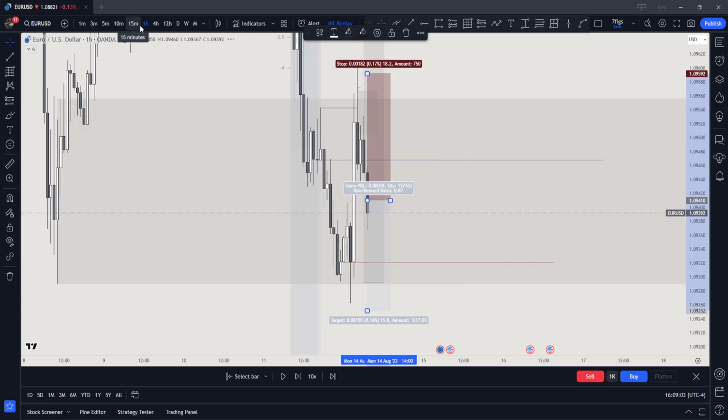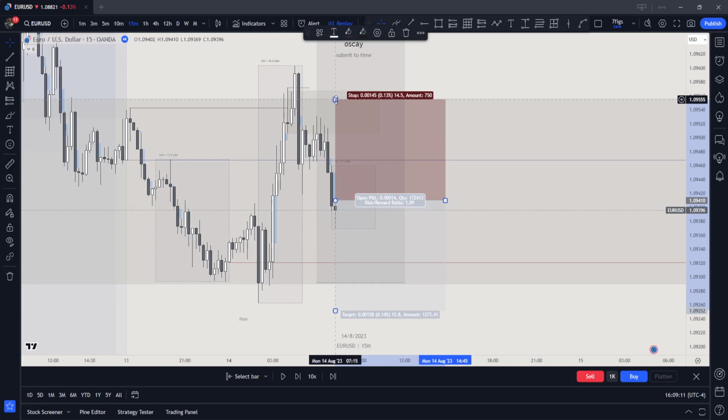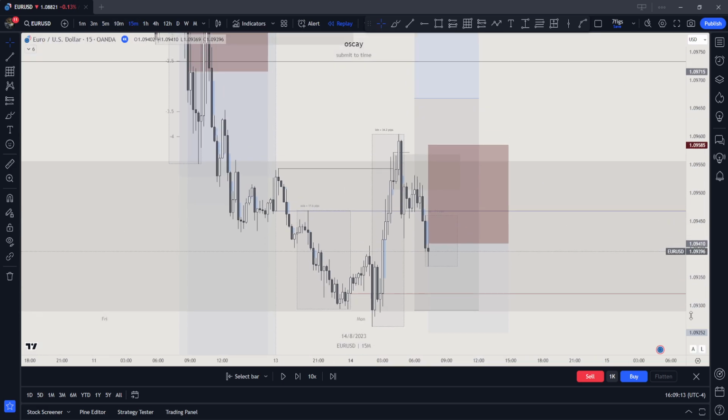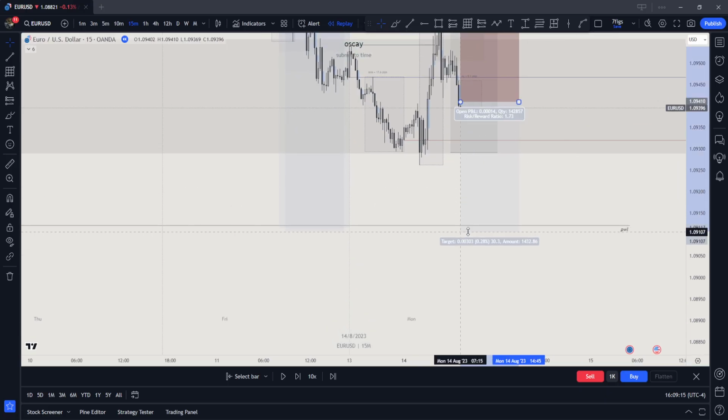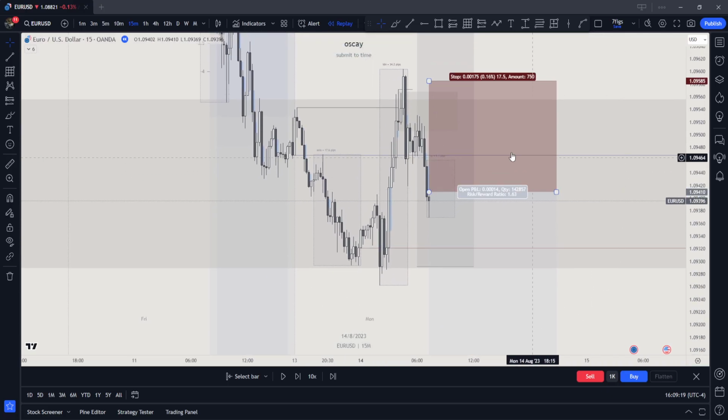Let's see the H1. Let's see how much RR this gives. 17 pips. Okay.